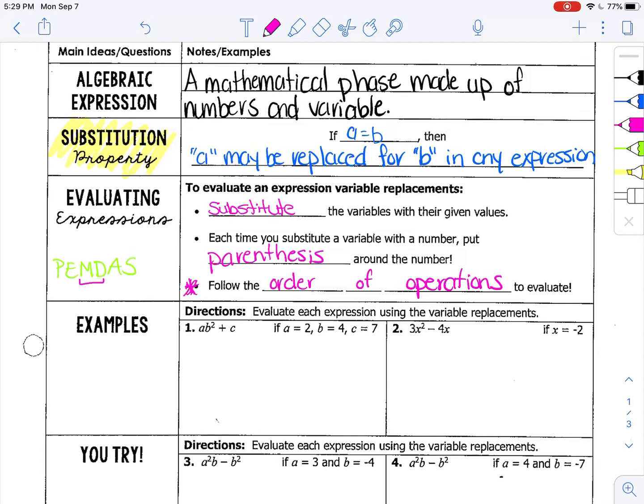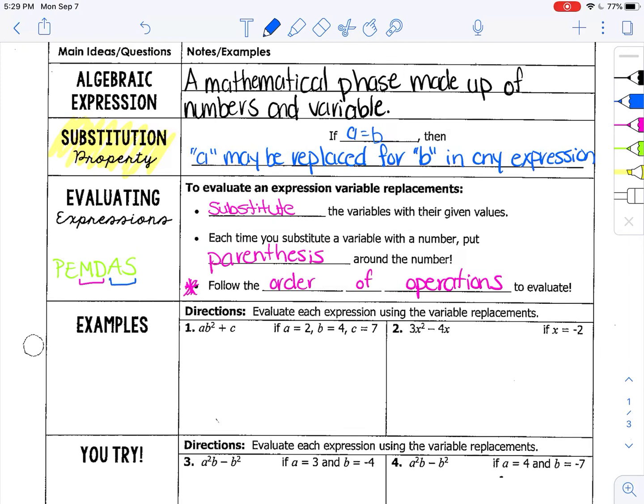So if division comes first when you're reading the expression from left to right, do that division first. The same thing applies to addition and subtraction. If you have both of those operations in the same expression, do them in order from left to right.